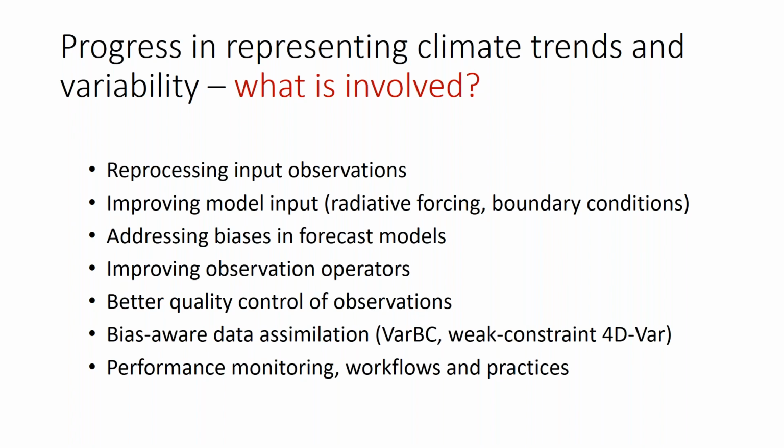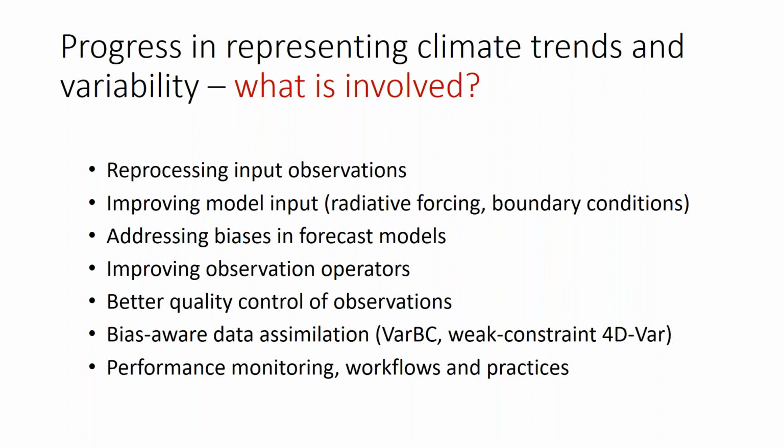The model input itself, so the radiative forcing and boundary conditions, have to be improved continuously. Biases in the models obviously are sort of the ultimate culprit here, and they have to be addressed. But of course, that takes a very long time. It's very difficult. We have to improve the observation operators so that we model the older instruments better.